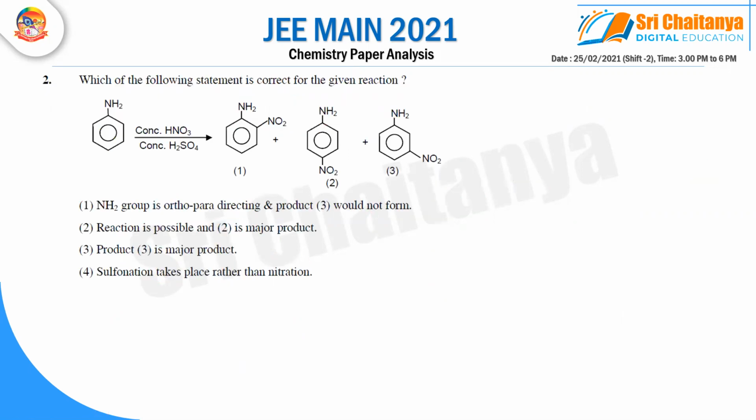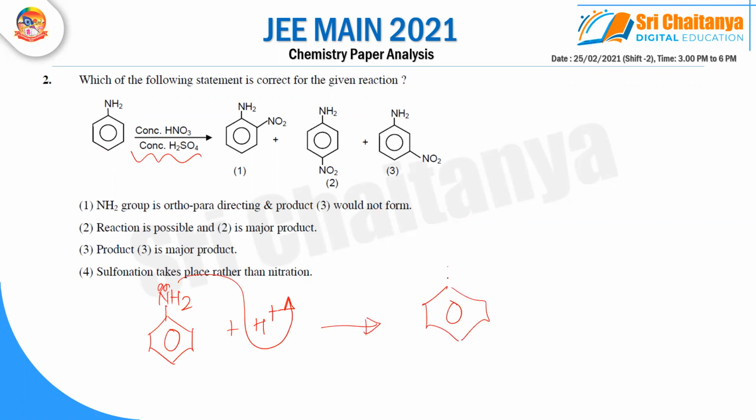Next, we have the same question. It's been repeated from 24th February. Now we have aniline here, and these ingredients hint towards nitration. So just remember, for nitration, we have already discussed in our earlier papers that aniline in presence of acidic medium gets protonated and turns into anilinium ion.